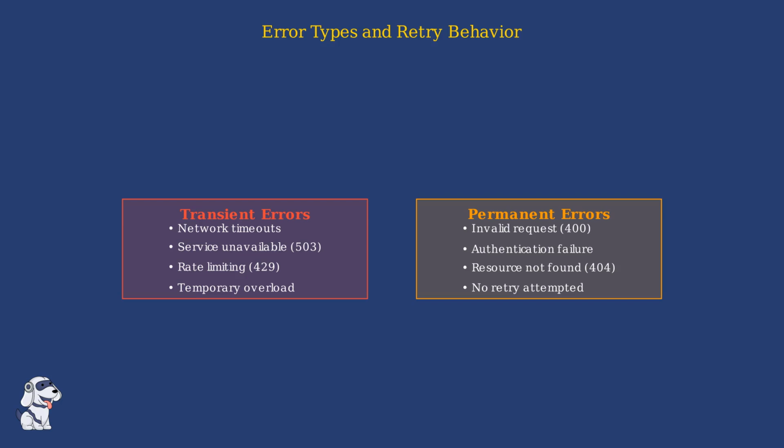Cloud Tasks does not retry these errors, preventing unnecessary resource consumption. This intelligent retry mechanism ensures high reliability and eventual task completion while protecting your systems from overload. The exponential backoff strategy balances persistence with resource efficiency, making Cloud Tasks ideal for mission-critical background processing.